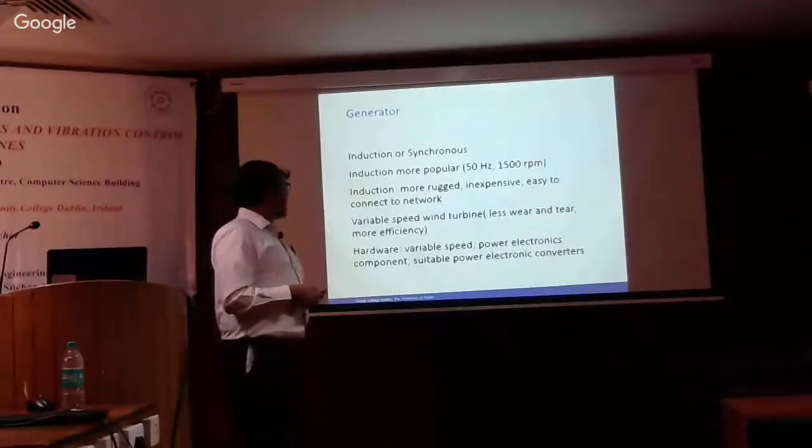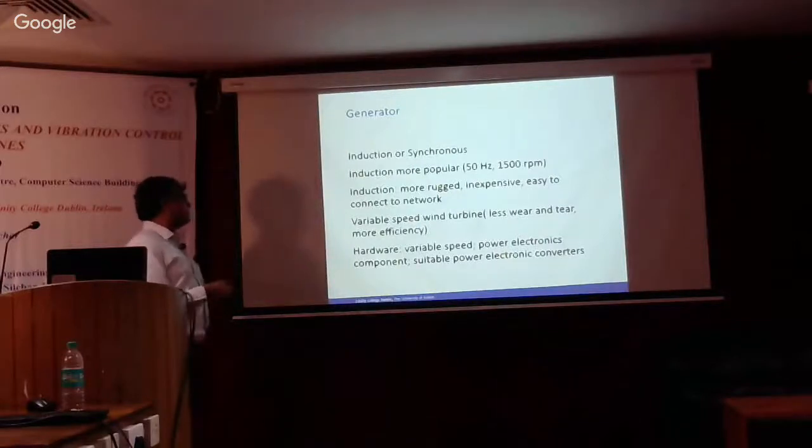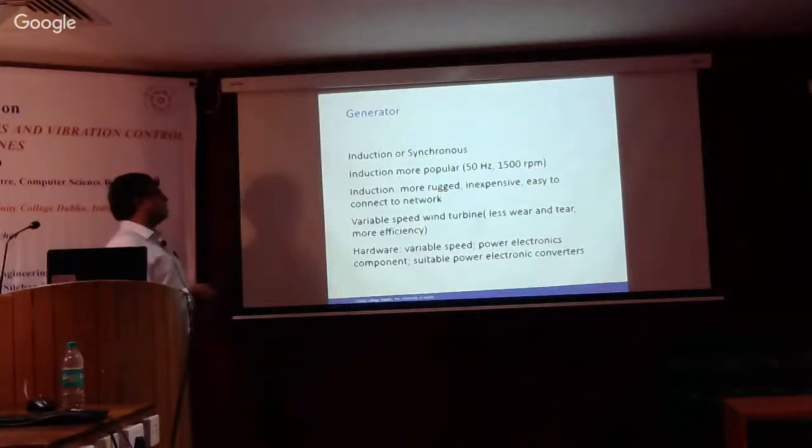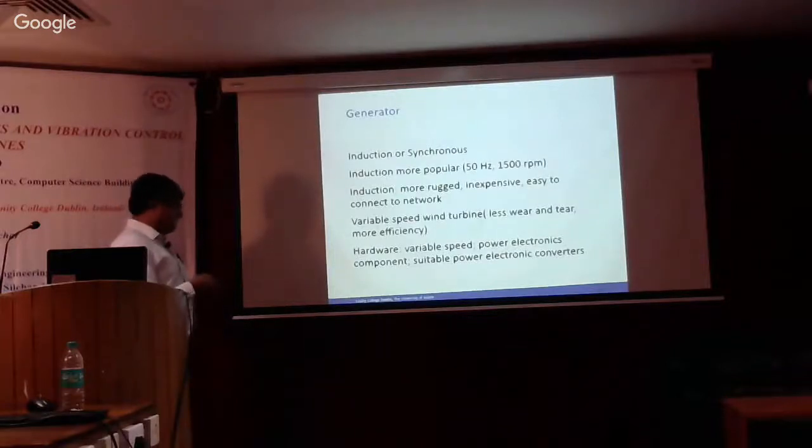In terms of the generator, we discussed the induction or synchronous machines. I said that induction machines are becoming more popular because they're rugged, inexpensive, easy to connect to the networks, and obviously with variable speed turbines, there's less wear and tear and more efficiency.